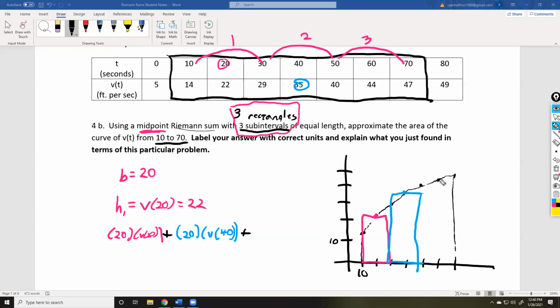So we're going to use 60 as our height. 20 still our base. And we're using the y value at 60, halfway in between 50 and 70 to build our height.